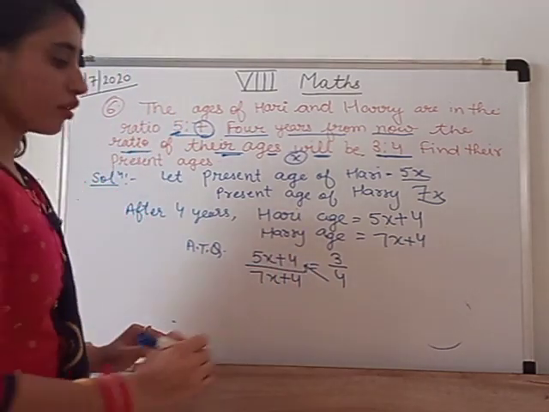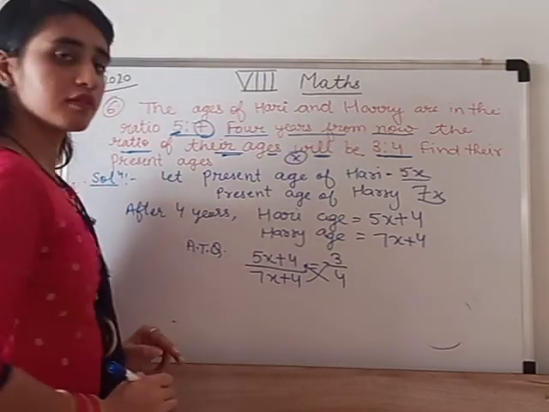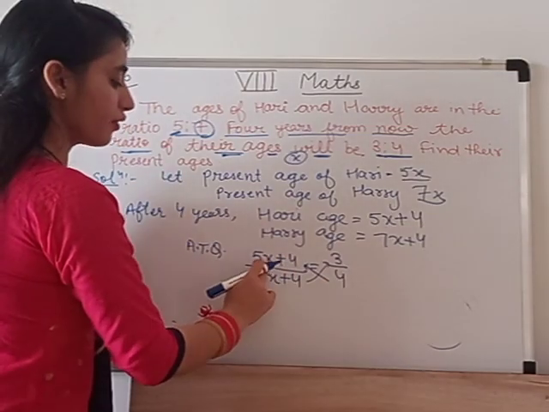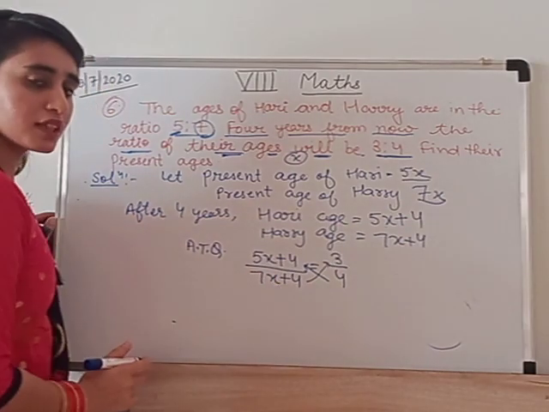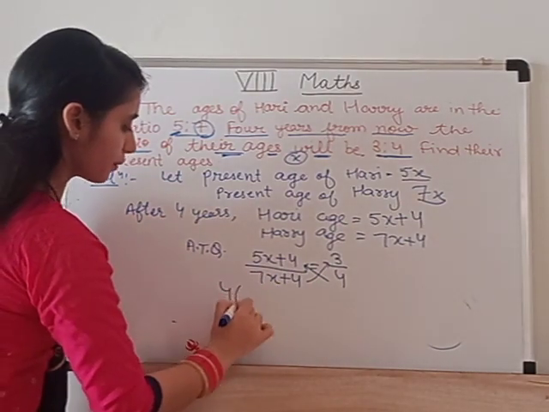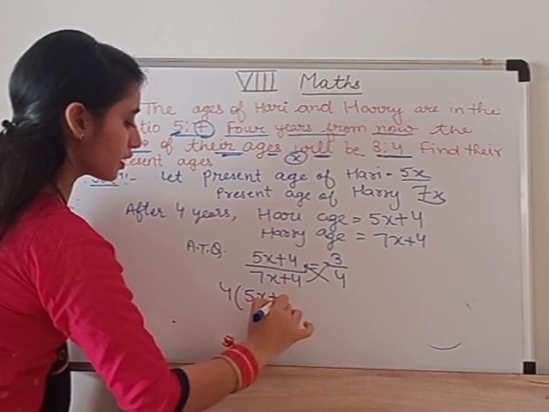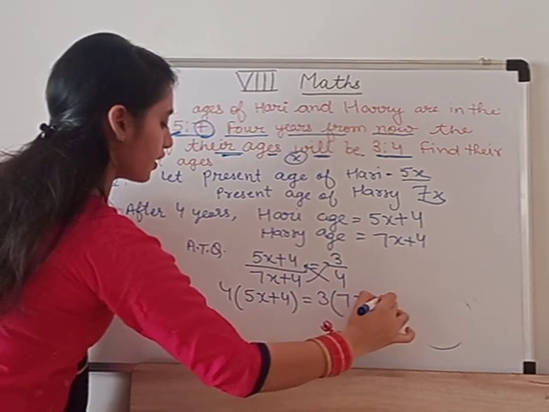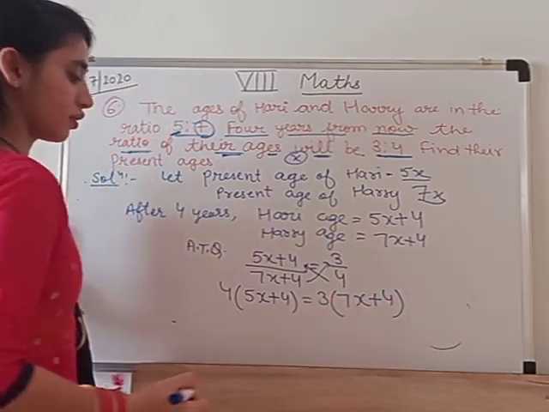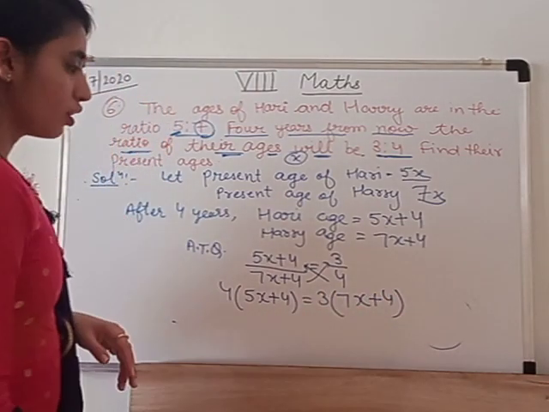Cross multiply: 4 is multiplied with 5x plus 4 and 3 is multiplied with 7x plus 4. Now solve this.